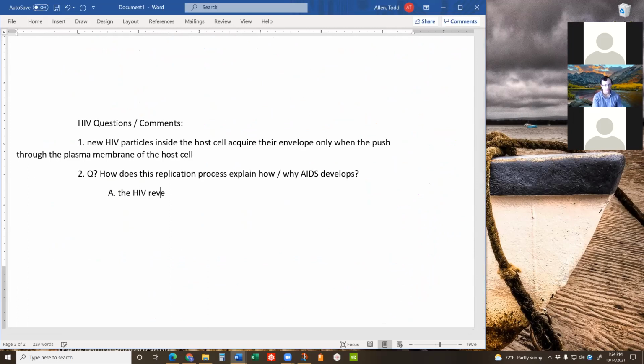The HIV reverse transcriptase enzyme is error prone. In comparison with similar polymerase enzymes, HIV polymerase makes an unusual amount of errors, okay?